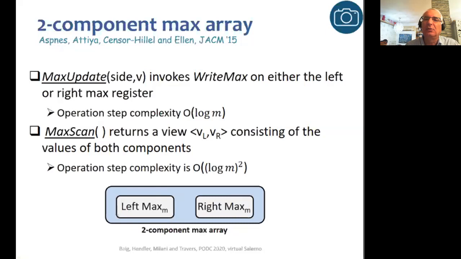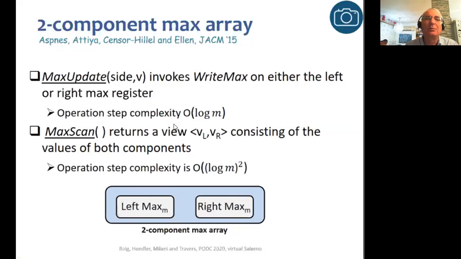And the object supports two operations. A max update operation invokes the write max operation on either the left or the right component, depending on the first parameter, that is the side parameter, with argument v. And it has operation step complexity of O(log m), where m is the bound on the max registers.